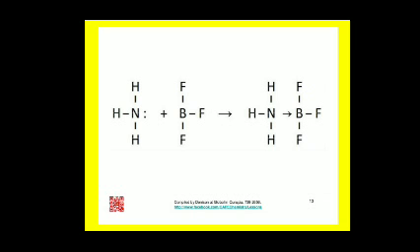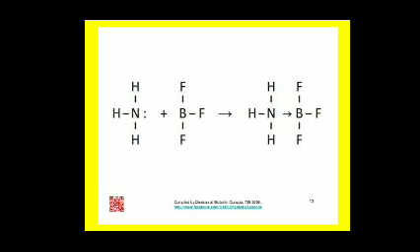This bond, where the pair is given by one atom, is called a coordinate covalent bond. An arrow from NH3 to boron trifluoride indicates the coordinate covalent bond.